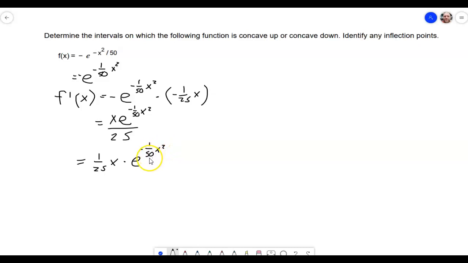All right, so let's apply the product rule.